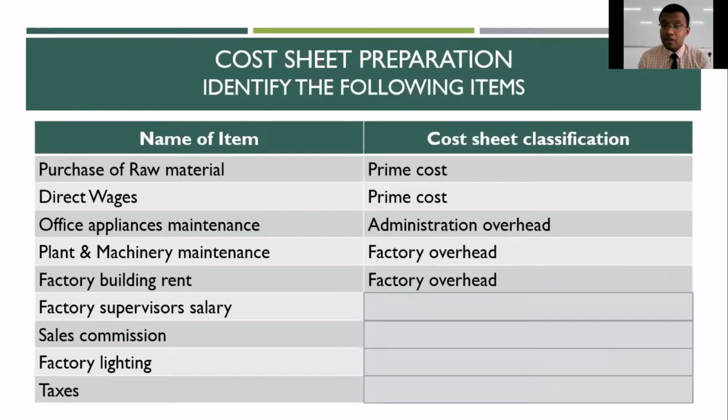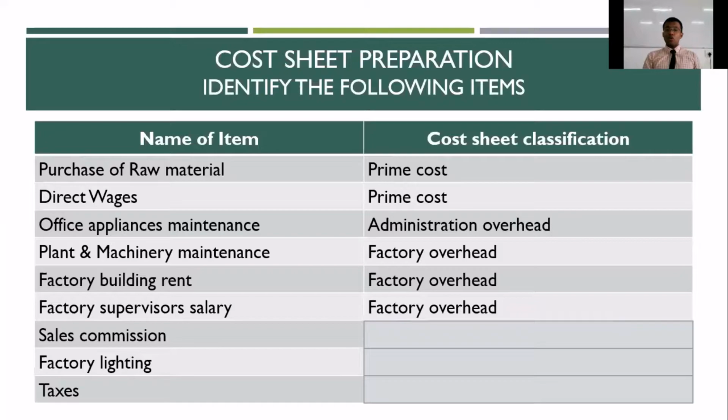Now, remember, the factory supervisor is not involved directly in your production process. He's responsible for facilitating your production process. So this would be a factory overhead. To be a little bit more specific, this would be an indirect labor that you're having as a part of your factory. So it's a factory overhead, and to be specific, it is a factory indirect labor.